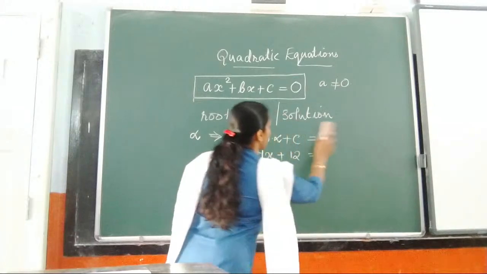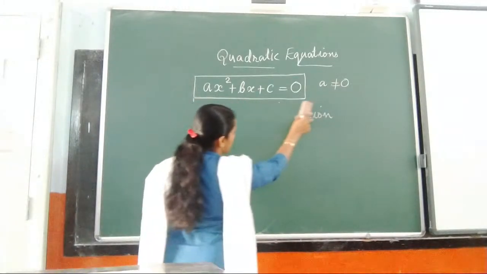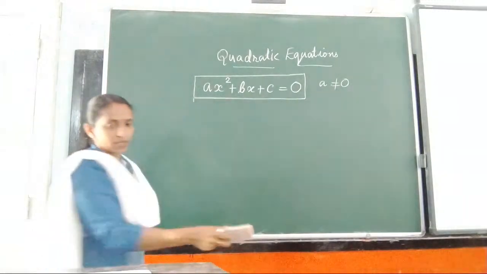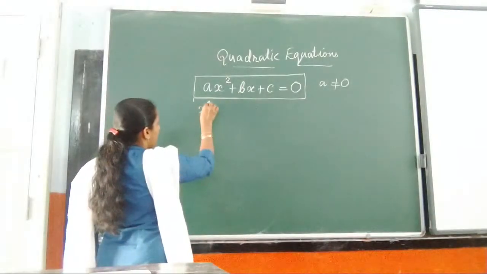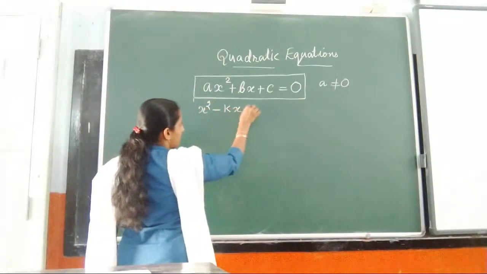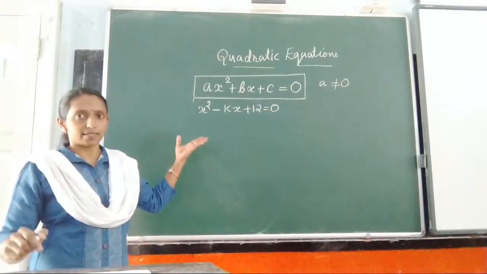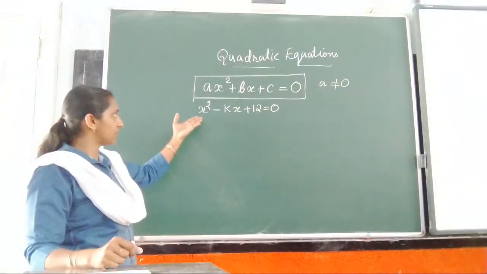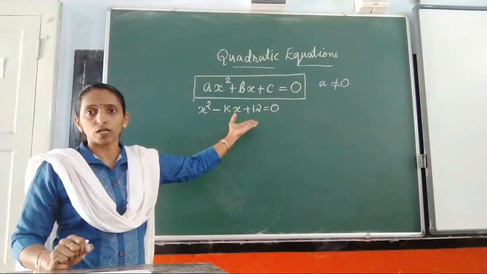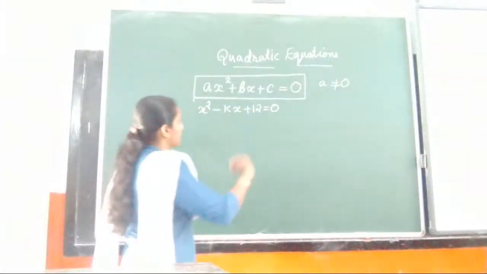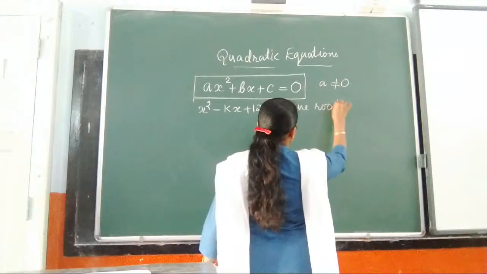That means, if you have a question, the same question I can express. It is given that x square minus kx plus 12 equal to 0. A quadratic equation is given, and one root is given as 3.